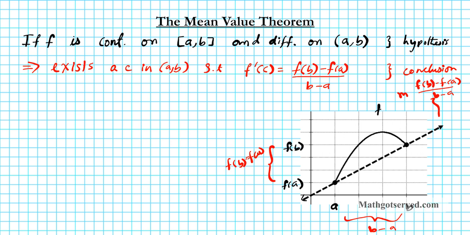Think back to algebra 1 when you're doing y2 minus y1 over x2 minus x1. That's exactly what we're doing here. This is known as the slope of the secant line. So it tells us that there's a tangent line to this curve that is parallel to this secant line. Let's go ahead and see if we can find out what that line is.